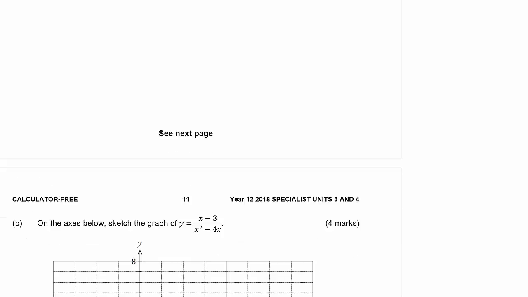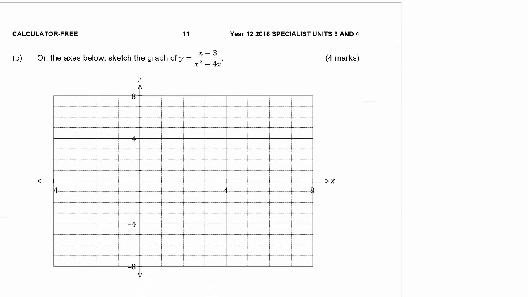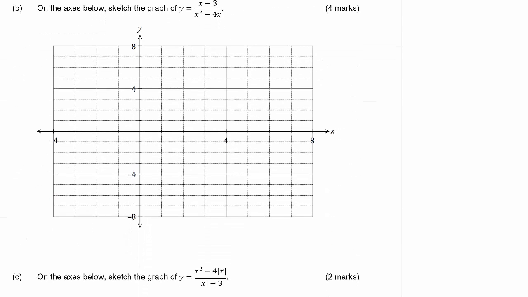Okay, so on the axis below, sketch the graph of y equals (x minus 3) over (x squared minus 4x). So that's the other way around, it's the other way up. So that's going to be (x minus 3) over x(x minus 4).